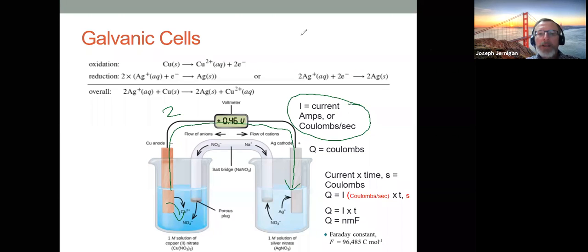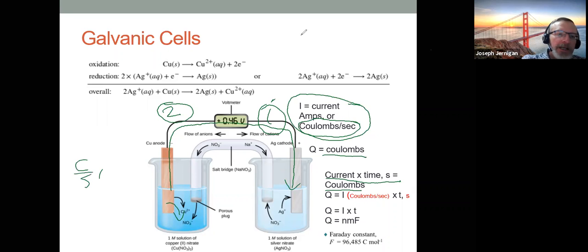But in reality, if we count those electrons, if we put an electron counter here, let's put I for an ammeter. That's an electron counter, isn't it? Current times the time equals coulombs, because current is coulombs per second. So coulombs per second times time equals coulombs.